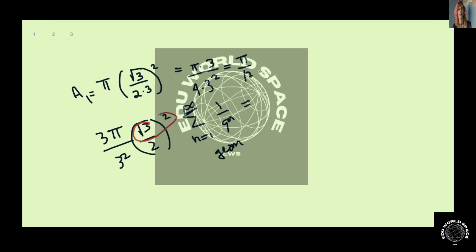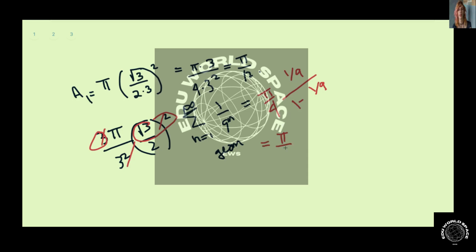So that's a 3, that's a 3, that'll cancel with that down there. So we just get pi over 4 in the front. And then using the formula for a geometric series, the first term over 1 minus what we are multiplying by each time, 1 over 9. That's the r.